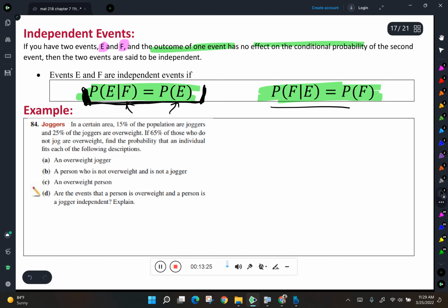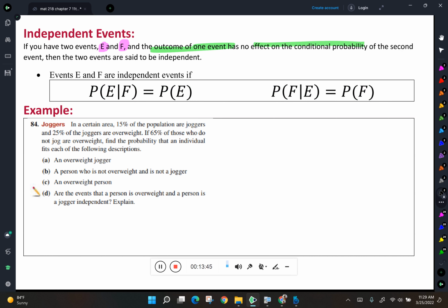Okay? This one over here is saying that E doesn't matter because the two events are said to be independent. So when we're finding whether two things are independent or not, we're going to check to see if the conditional probability is different from the plain old probability. Now, a super, super easy way to think about this is, imagine I'm picking two cards from a deck.